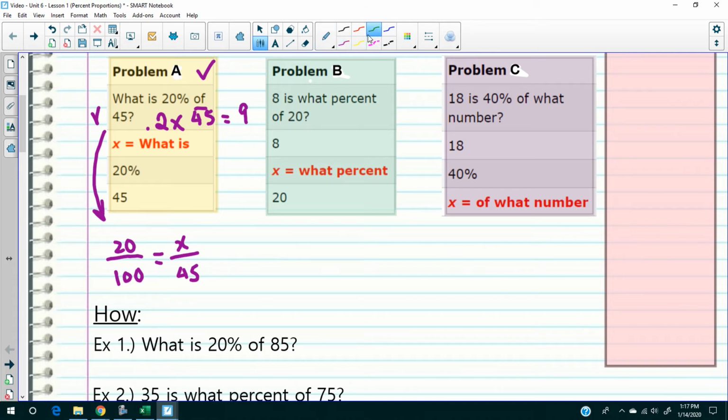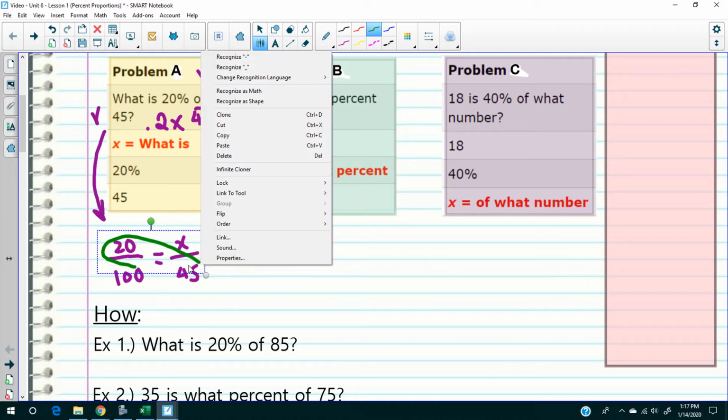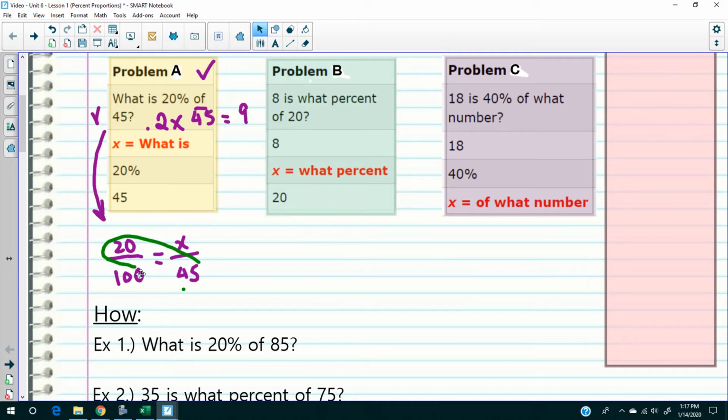Let me change the color of the marker. This is definitely a technological improvement, except when I click on the wrong button. You cross multiply, that's 900 divided by 100, so x would be 9. Same answer.